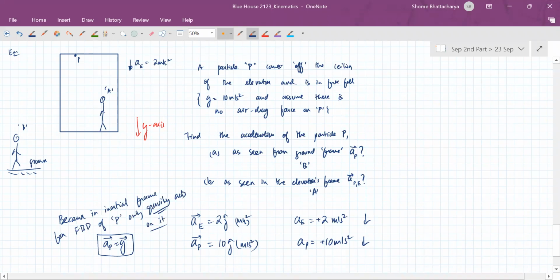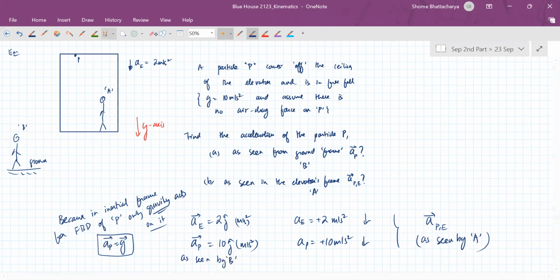There's only gravity. So its acceleration should be mg divided by m, so its acceleration should be g. Okay. However, what is going to happen now is that the acceleration of the particle in the elevator frame, that is as seen by A, is going to change. Okay. This is going to be as seen by B because he is at rest on the ground. Is this observer here?